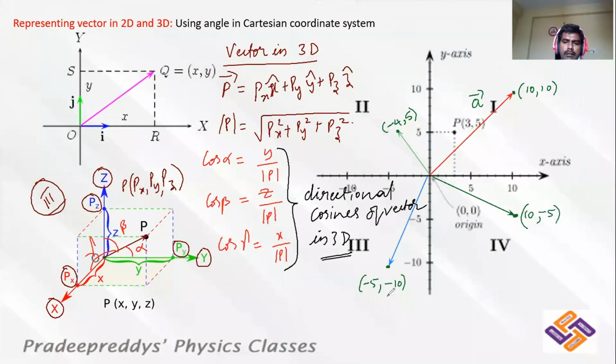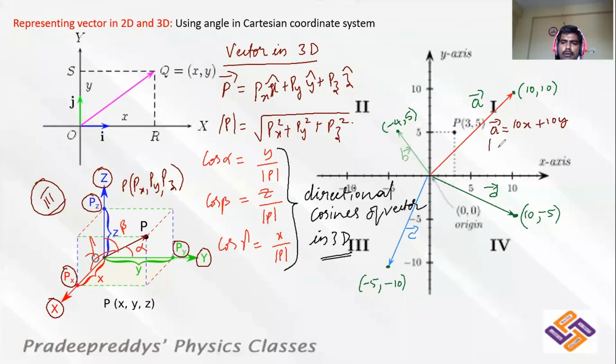Okay, A bar. The other one is B bar. This is B bar, the next one is C bar, and the next one is D bar. I want to now represent all these vectors A bar, B bar, C bar and D bar. Now how to represent A bar? I'll represent them easily. See, check it up. A bar is equal to 10x plus 10y.